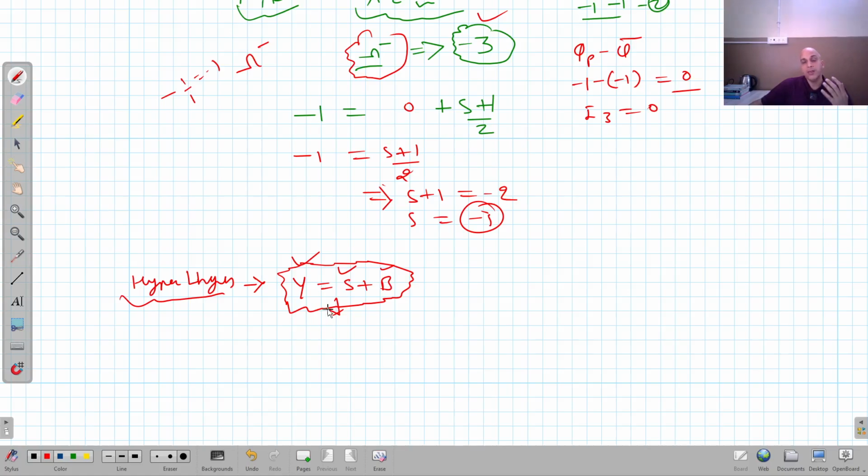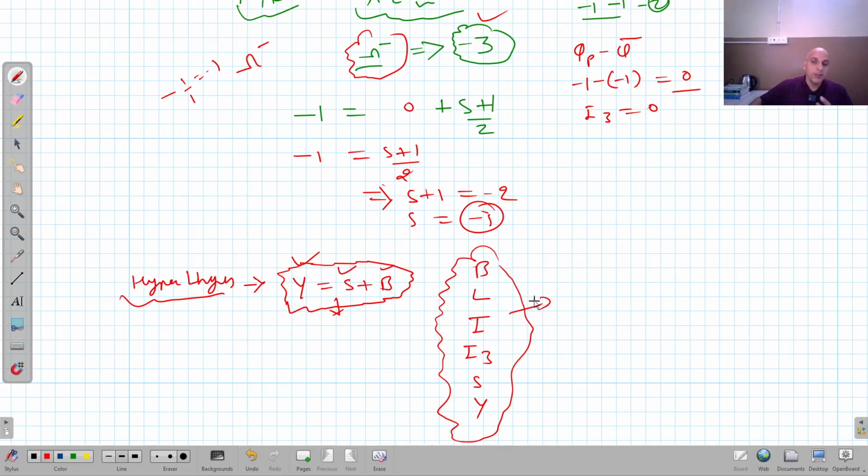These quantum numbers are important: lepton number, baryon number, then isospin, total isospin, Z component of isospin, that is L, B, I, I3, strangeness and Y. We should know all these quantum numbers very clearly and be able to calculate them, because in an examination you can simply be asked what the quantum number of an elementary particle is.